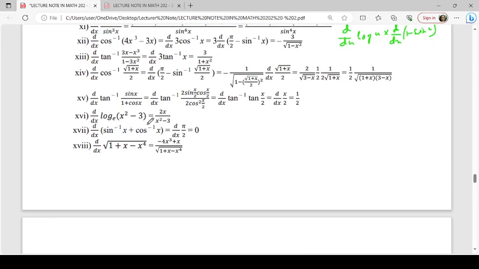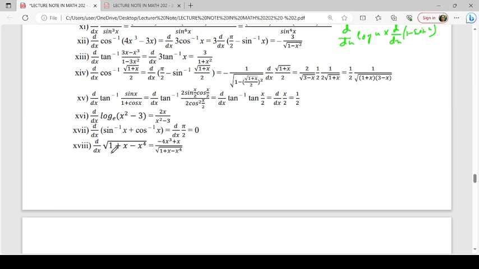Then sin inverse x plus cos inverse x. This is also a trigonometric result: sin inverse x plus cos inverse x is pi by 2. Then this is again the chain rule.